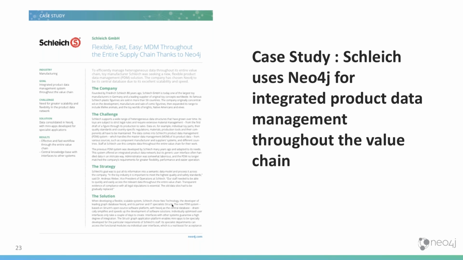So again, this gives them central access to all the knowledge they have about their different parts, the things that go into their different products, even how that matches up against regulations for particular materials in different countries.